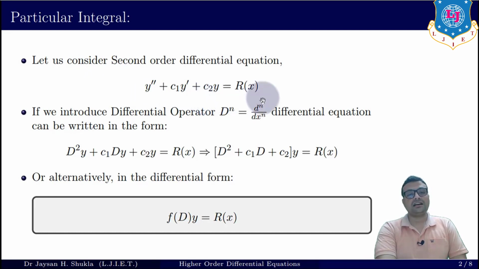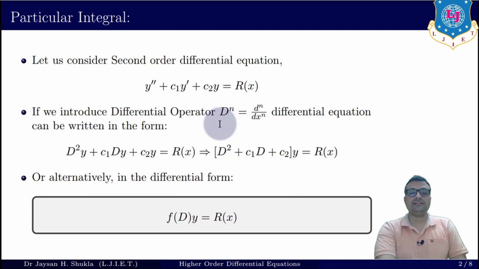As usual, r(x) is a function of variable x, y is the dependent variable on the independent variable x, and c1, c2 are arbitrary constants. Operator D is d by dx.